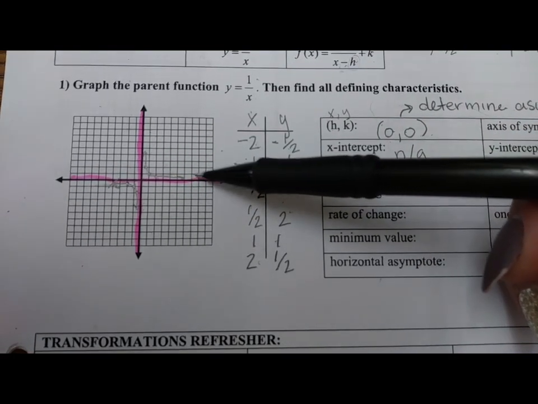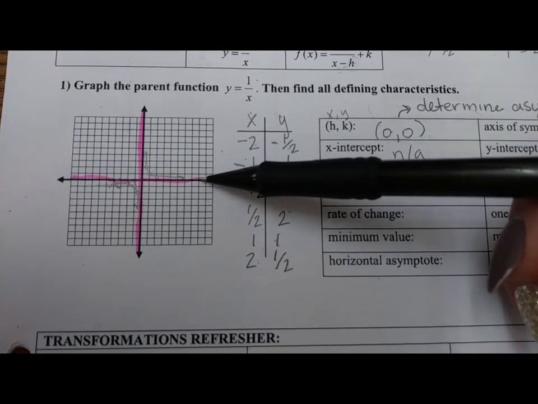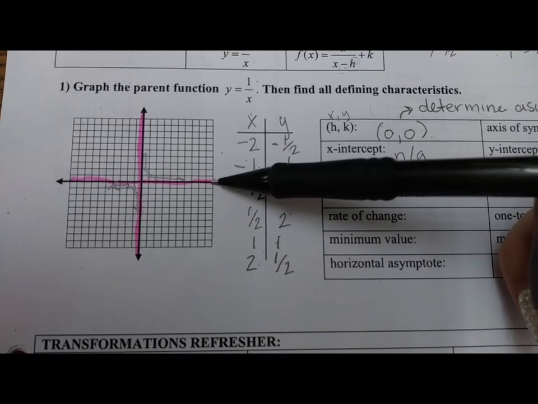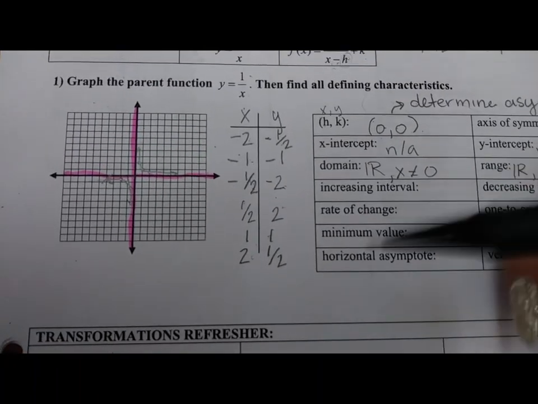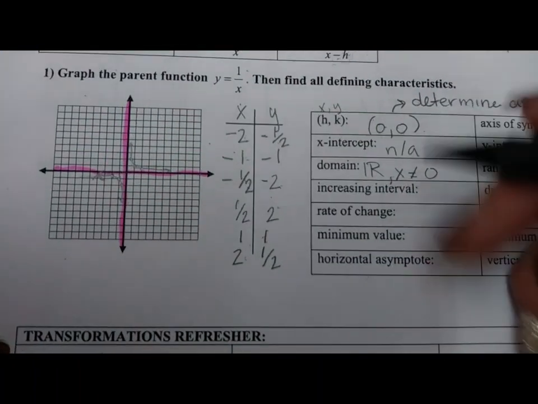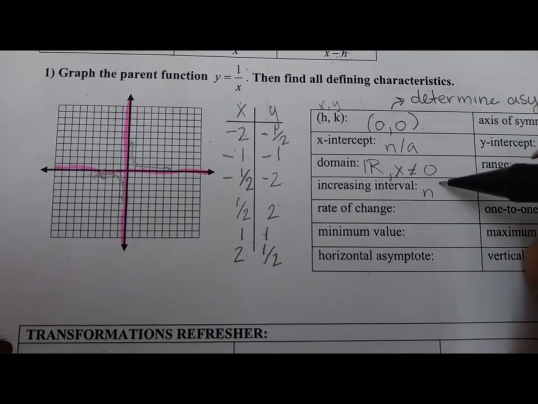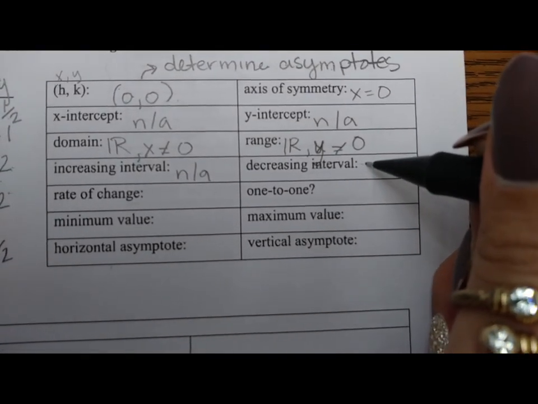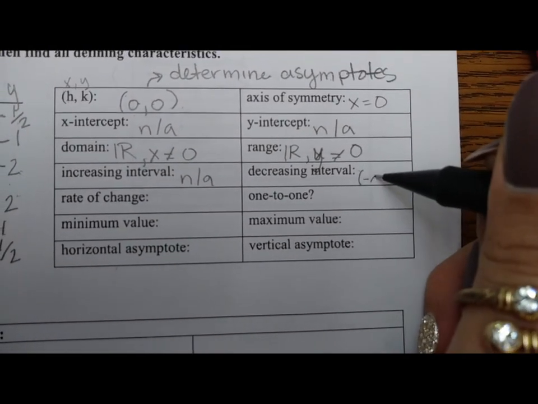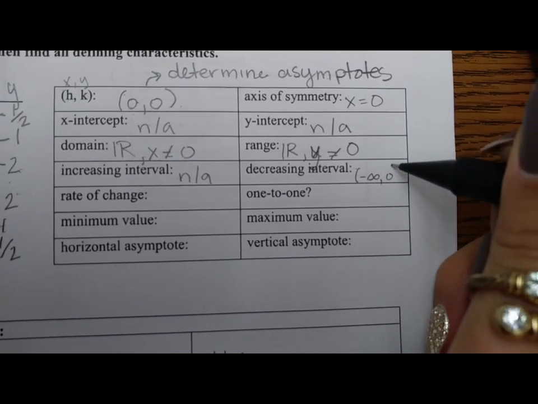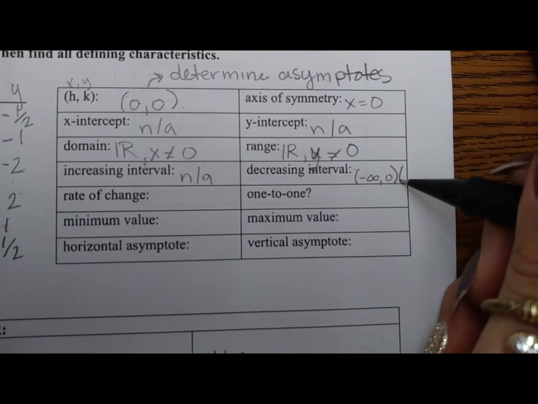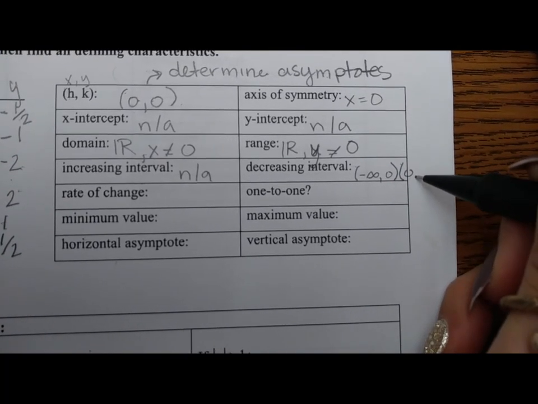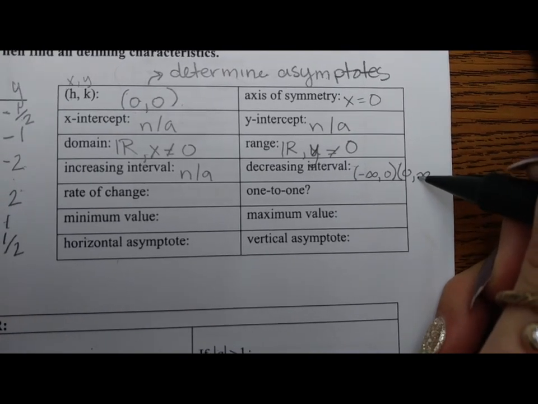Even though it keeps going this direction, little by little, it's just fractions. It'll be decreasing, getting closer to this 0. So we're going to say that they're both decreasing. So there's no increasing interval, NA. And our decreasing interval will be from negative infinity to 0, but it's never 0. And then it continues from 0 to positive infinity.